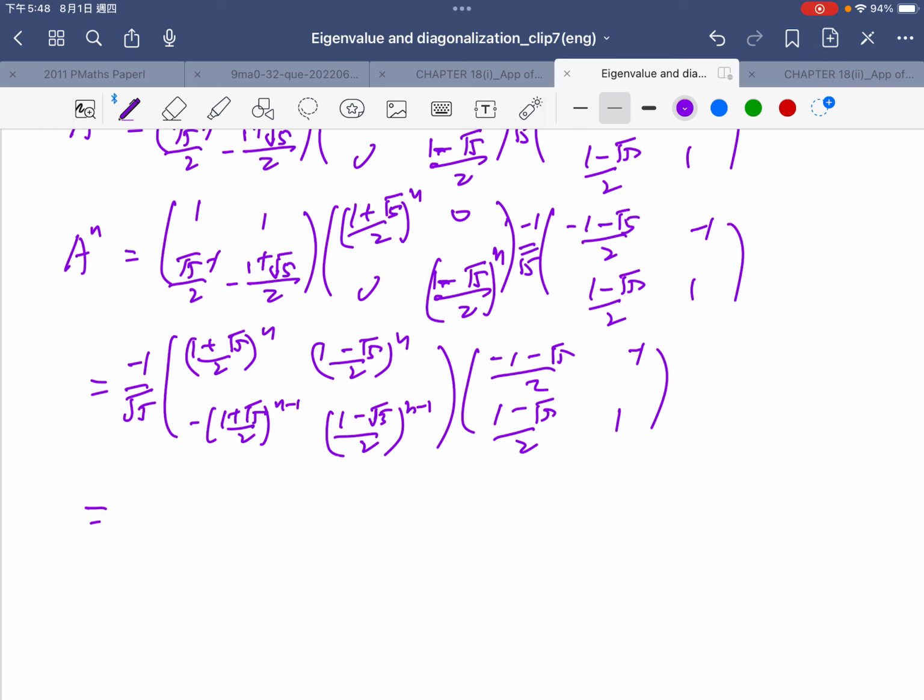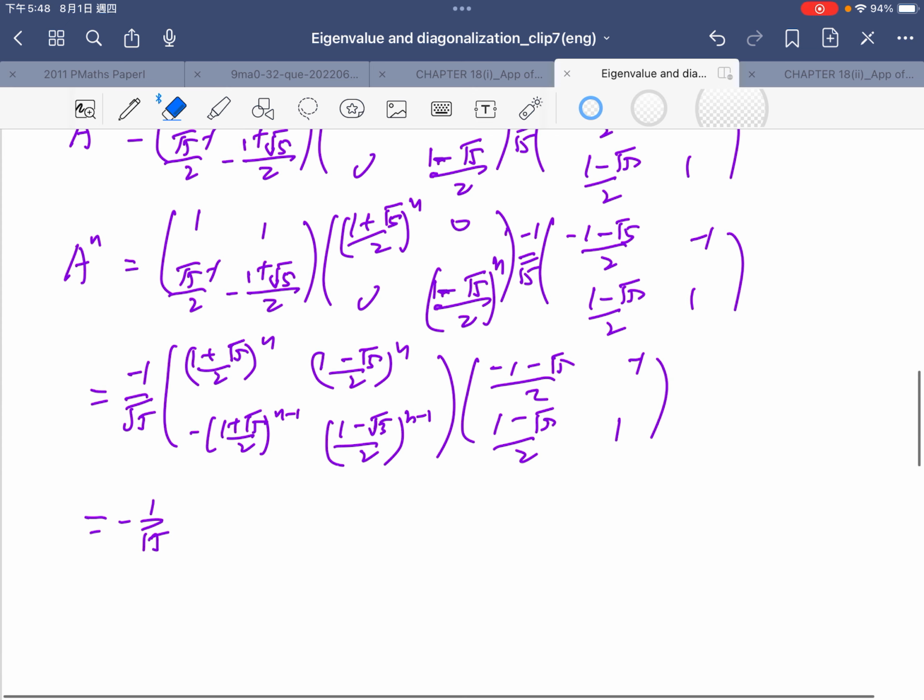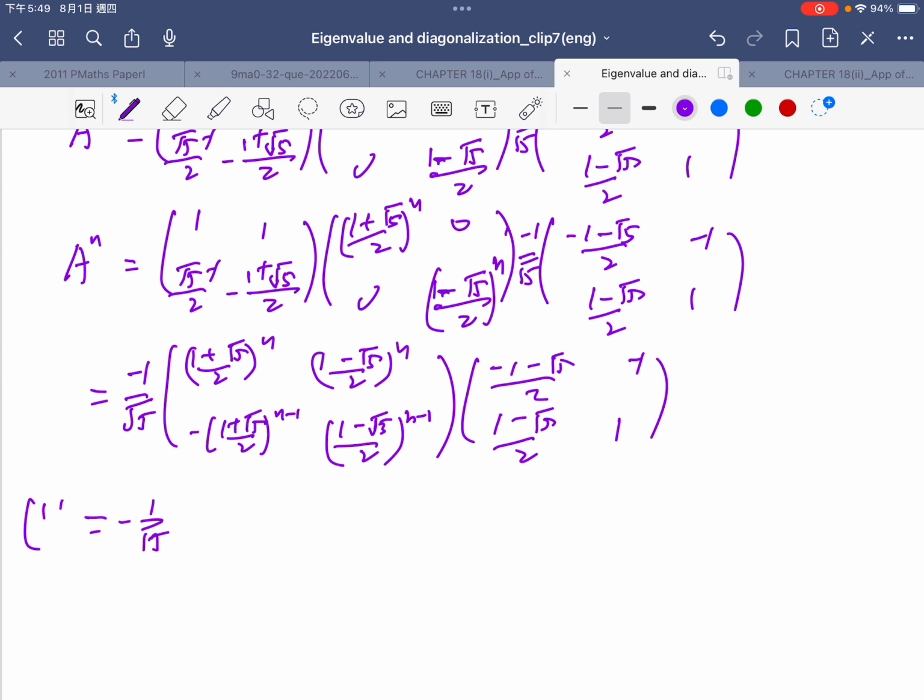And multiply again. Then we can write this matrix in this form, 1 1 1 0 to the power n. After finishing the multiplication, we have the matrix equal to this one.